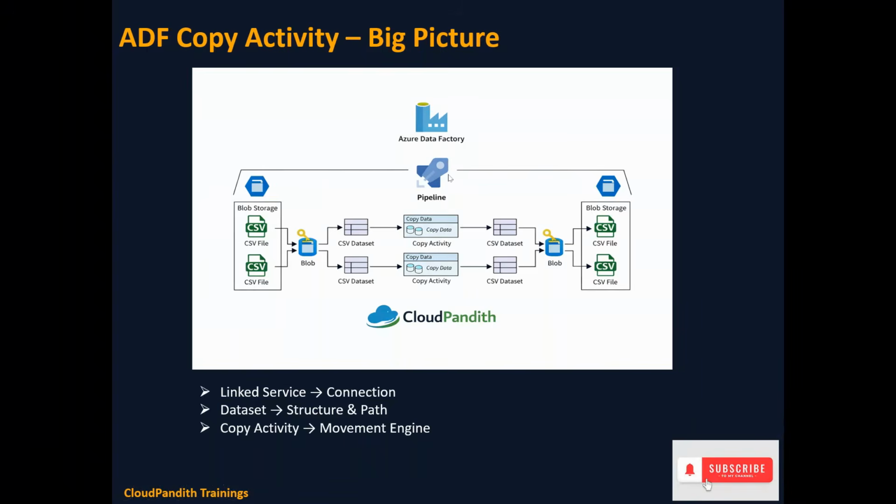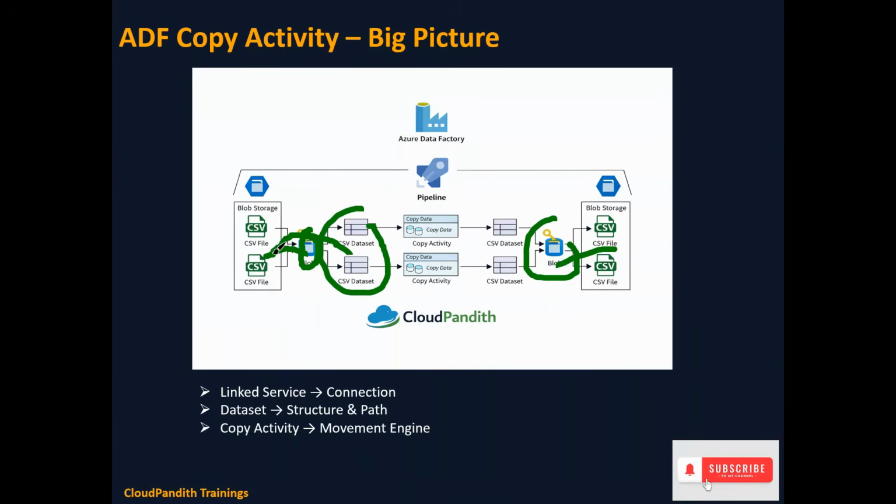Let's understand how copy activity works internally. Here you are seeing linked services. These linked services define the connection information to data stores. This linked service is connecting to the source, and this linked service is connecting to the destination system. Next, we have datasets. Datasets define the structure and the location of the data.